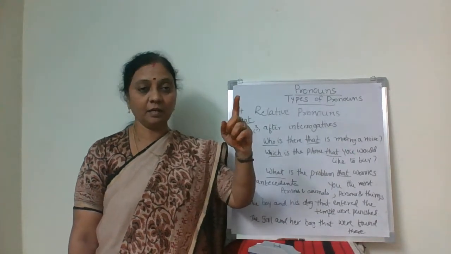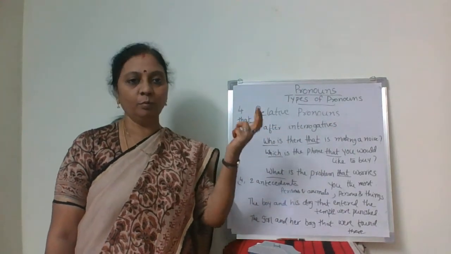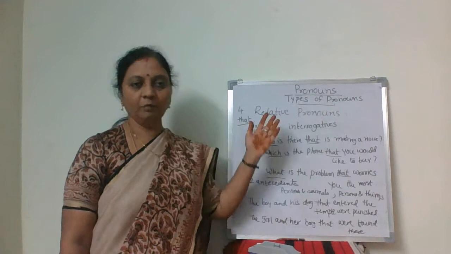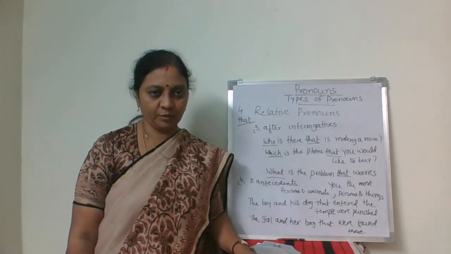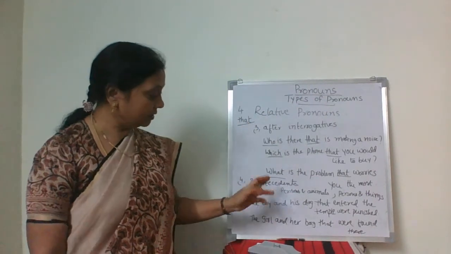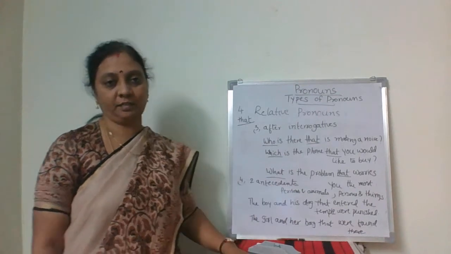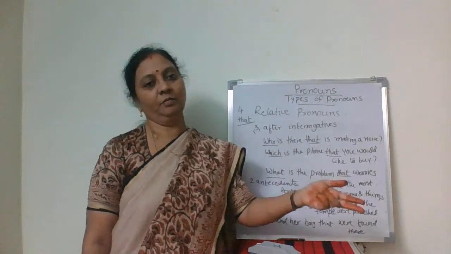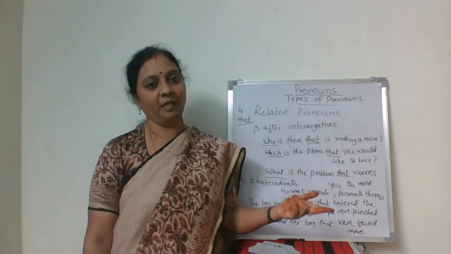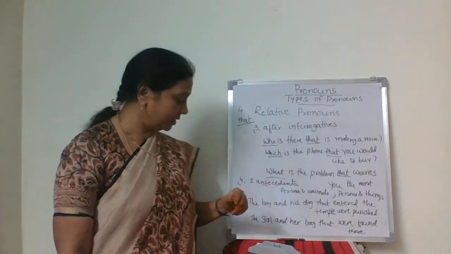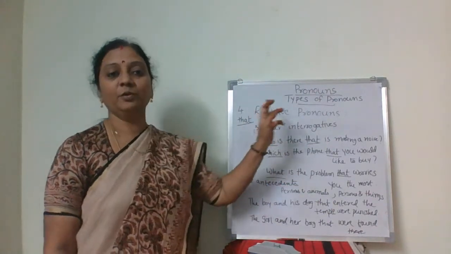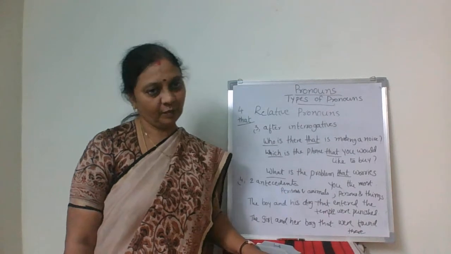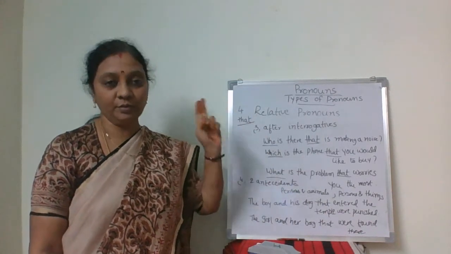When one is there, for persons we use who, whom, whose, for things which. But sometimes there are two antecedents, one person and one animal, or one person and one thing. Then also you have to use that.